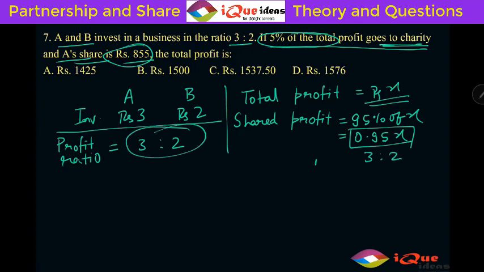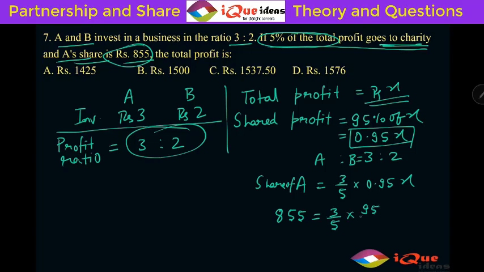So from here we can very clearly see that the share of A would be equal to 3 by 5 into 0.95X, right? So share of A should be equal to 3 by 5 into 0.95X, and share of A is given 855. So 855 is equal to 3 by 5 into, now 0.95 can be taken as 95 upon 100 into X. All right.